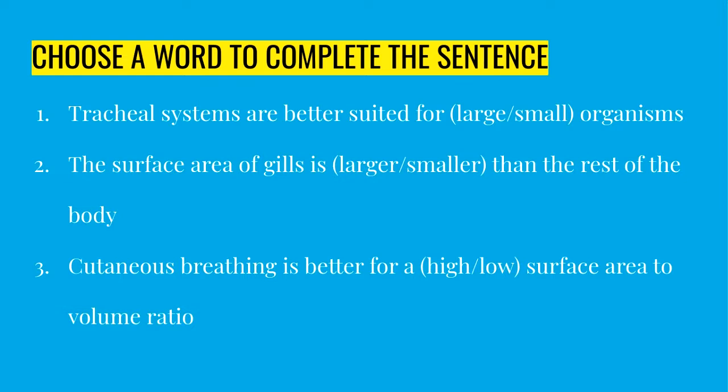Because the more surface area, the more you can diffuse oxygen through your skin. Yeah, perfect. It's through that surface area of your body that the oxygen is coming in. If you're breathing through the skin, you're breathing through that surface area. So you want to maximize that compared to the volume, which is where it needs to travel through once it's inside the body.